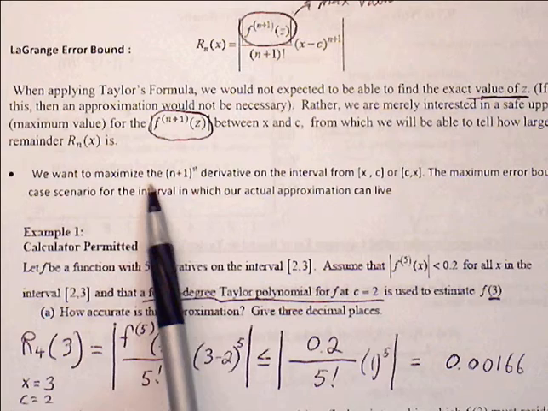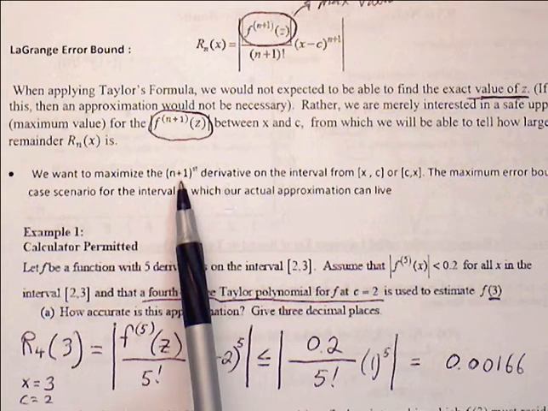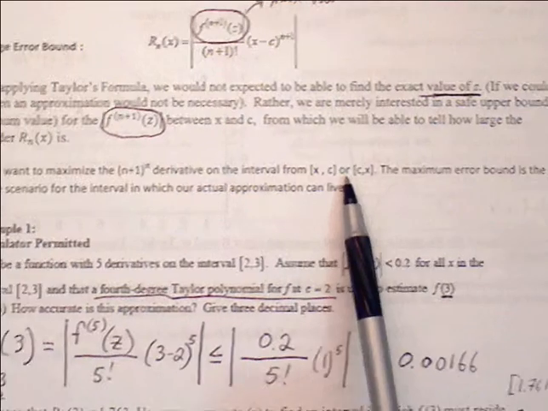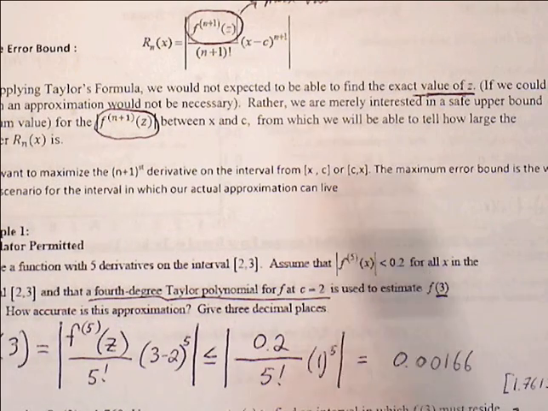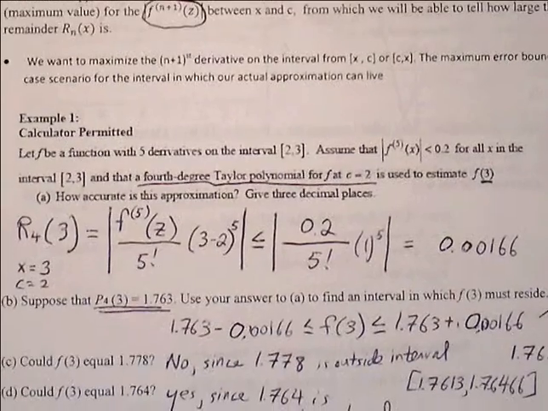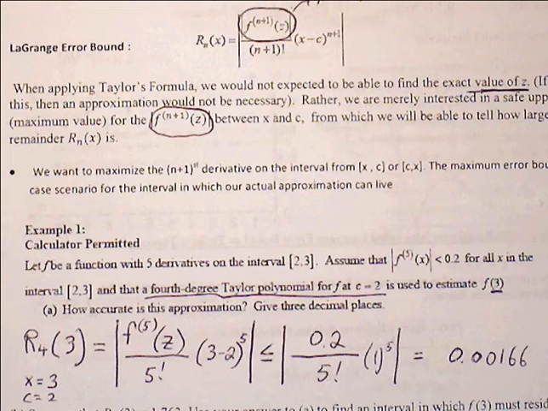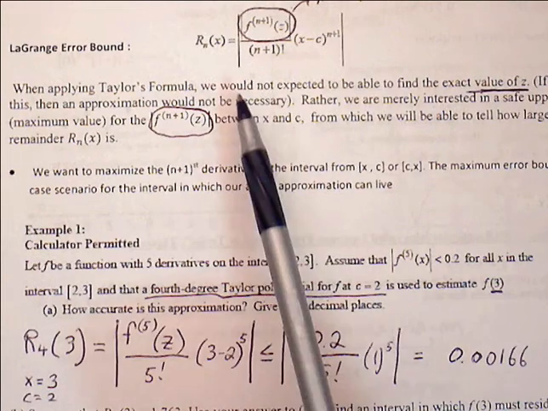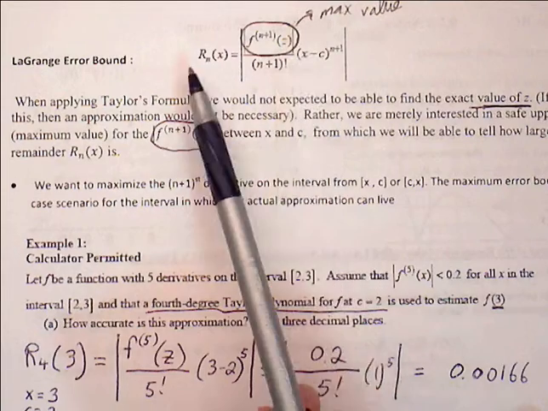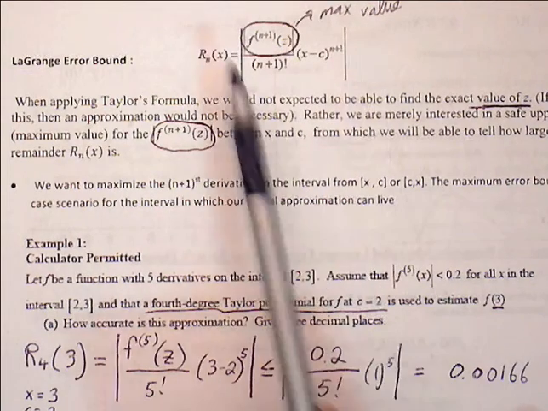Now we want to maximize this n plus first derivative on the interval from x to c or from c to x. And the maximum error bound is again the worst case scenario for the interval in which our actual approximation can live. So let's look at example 1, and as we go through example 1, I will keep referencing back to this formula that we're going to be using.